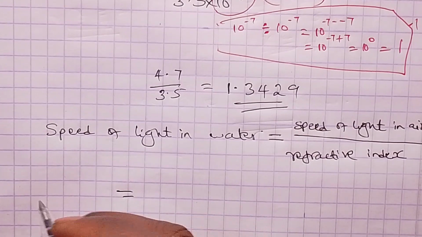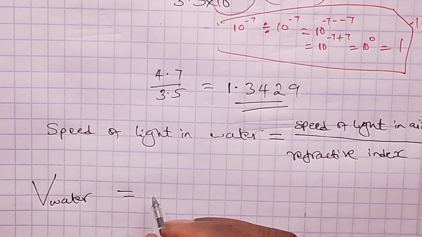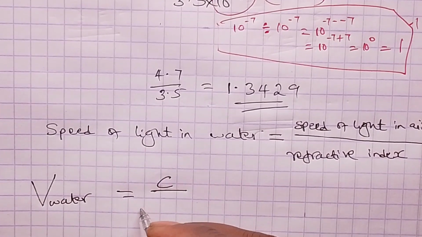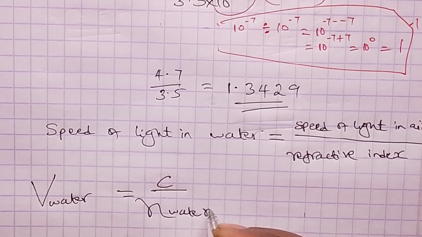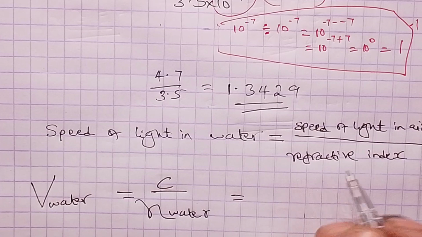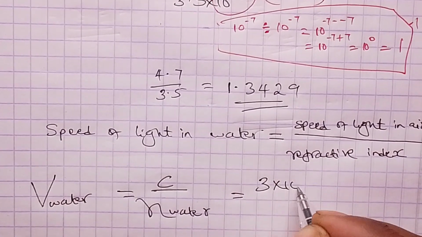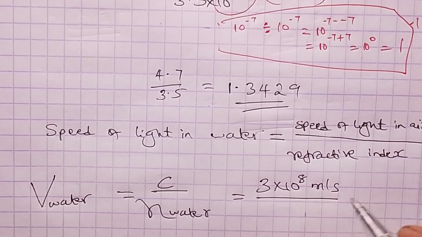The speed of light in water is equal to the speed of light in air over the refractive index of water. The speed of light in air, we always know, is 3 times 10 power 8 meters per second over the refractive index.